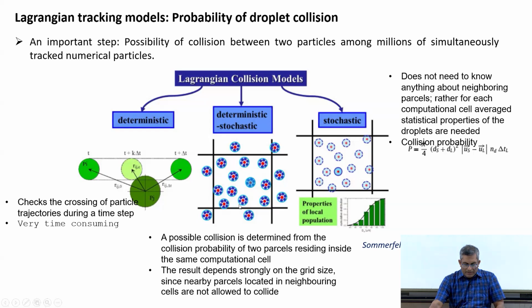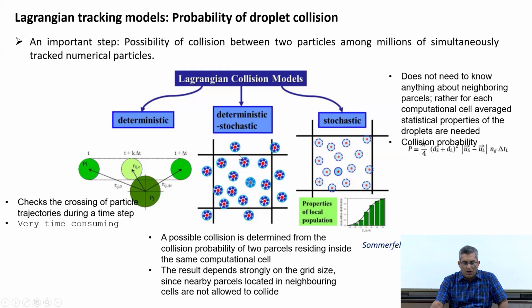While it brings us simplicity and cost effectiveness, this is, as expected, extremely sensitive to the choice of the cell. If you use a larger cell, then you have more collisions. If you use a smaller cell, you have fewer collisions. So, your computational output is extremely grid size dependent, which is not good. And also, it does not make sense up to some extent.